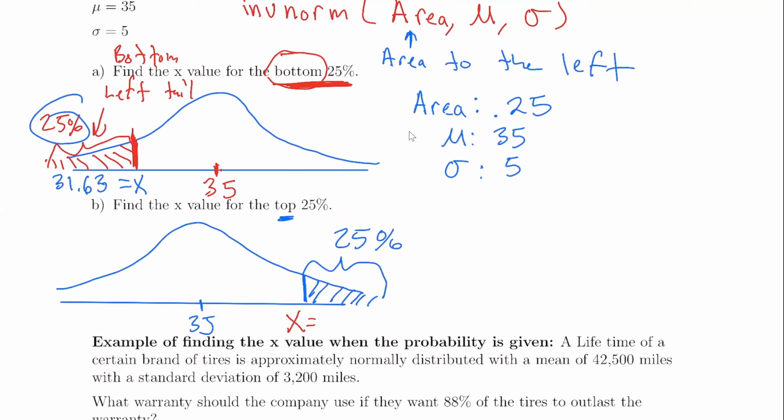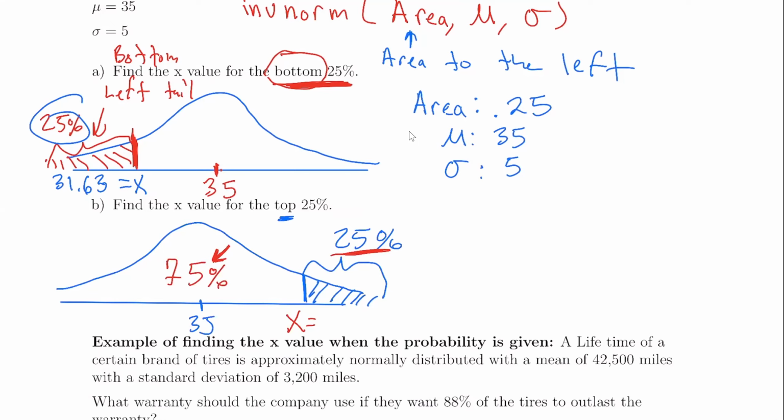To tell it you want the top 25%, you take the complement rule, because the area underneath the curve is 100% or 1. So if this is the top 25%, this is the bottom 75%, and this is the area we use for the TI-83, because the calculator always wants the probability to the left, not to the right.